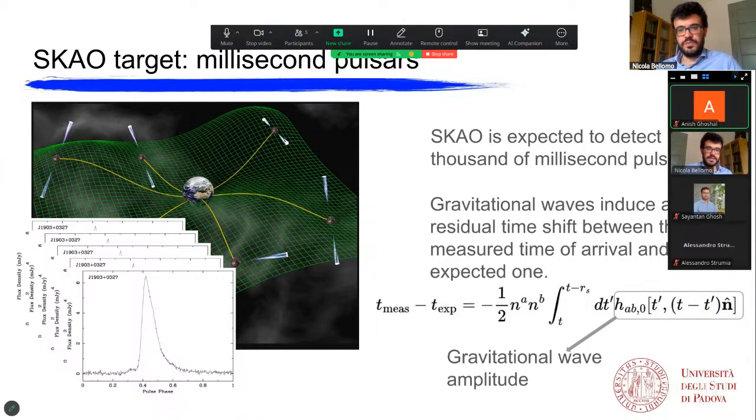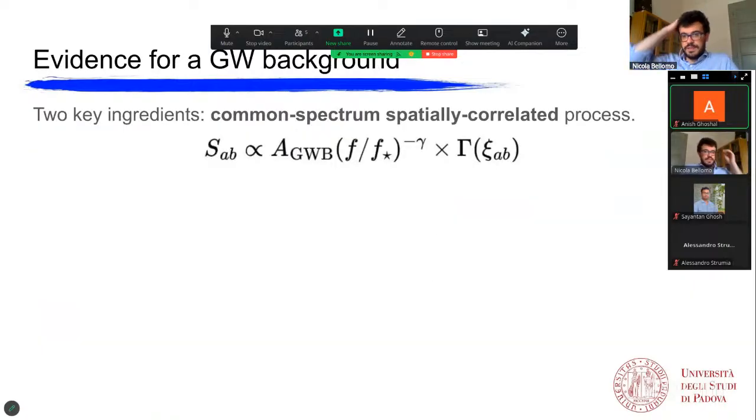What we can compute is the shift between the measured time of arrival of these pulses compared to the expected one. And by theory, we know that this is proportional to the gravitational wave amplitude. This has been the task performed over decades.